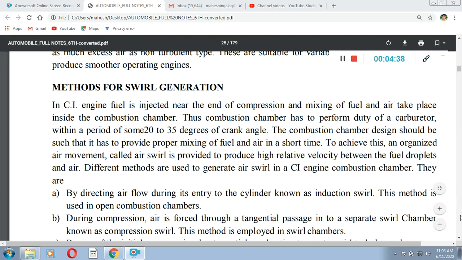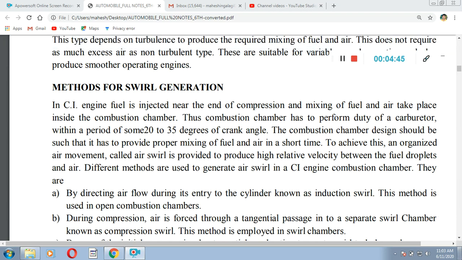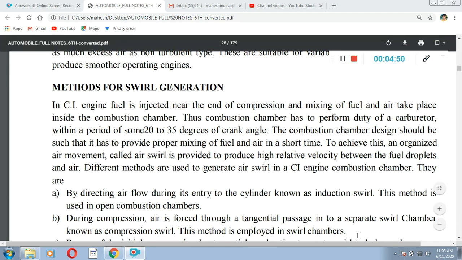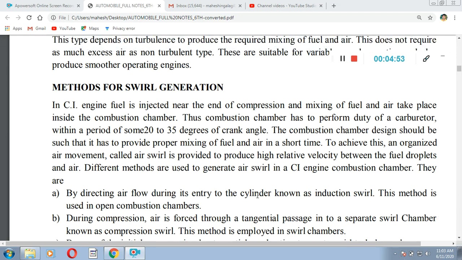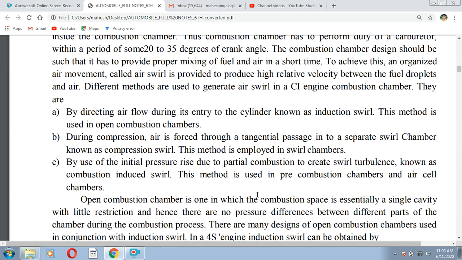Different methods are used to generate air swirl in the CI engine combustion chamber. Directing the air flow during its entry to the cylinder is known as induction swirl. This method is used in the open type combustion chamber, which you observed in the diagram already. During the compression, air is forced through a tangential passage into a separate swirl chamber, known as compression swirl.